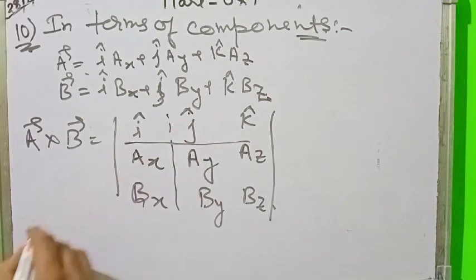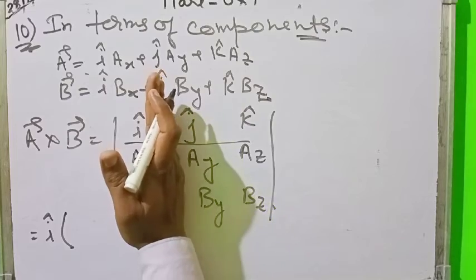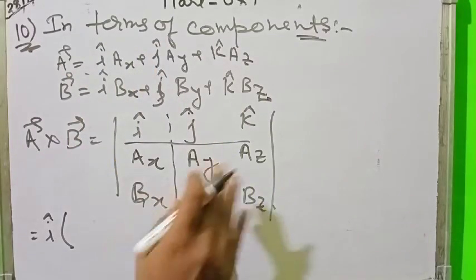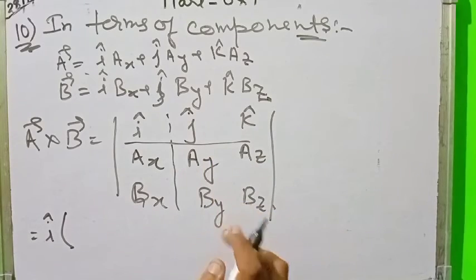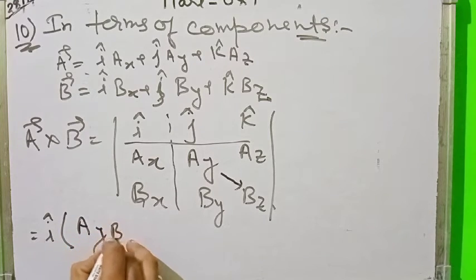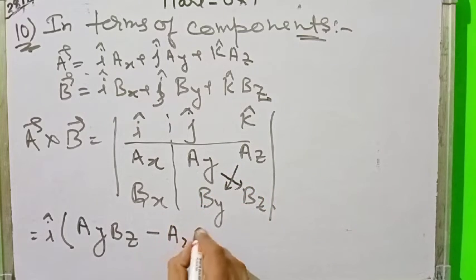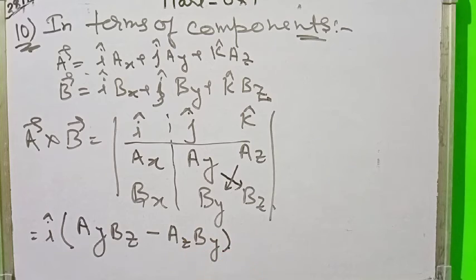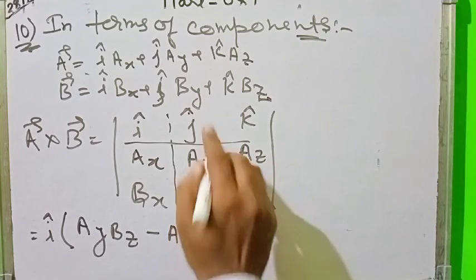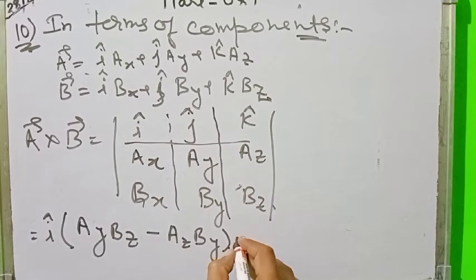First we write i cap, and for i cap we leave this column and this row, so the remaining is Ay, Az, By, Bz. In this, first of all, Ay into Bz minus Az into By. Now we have to take negatives.